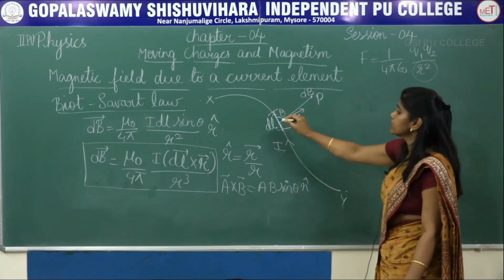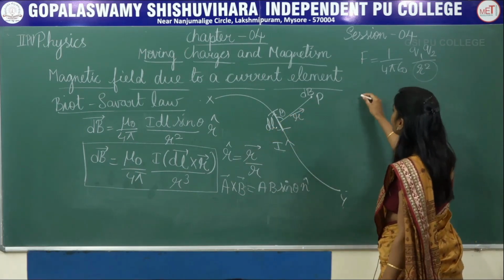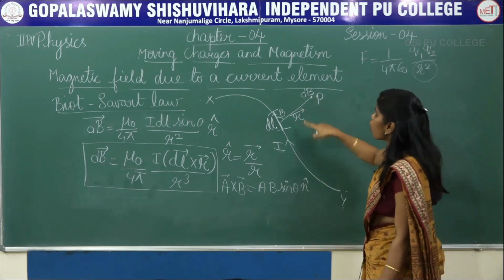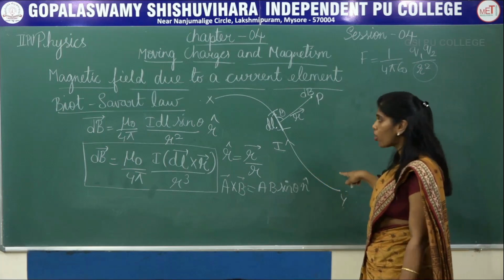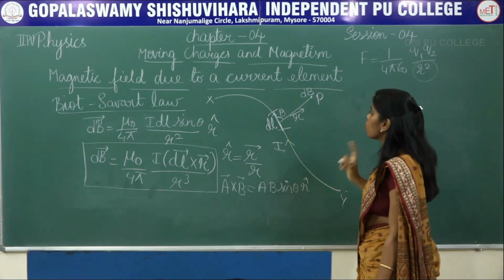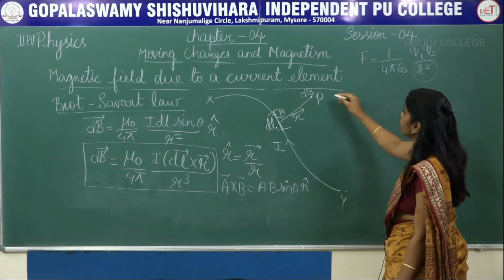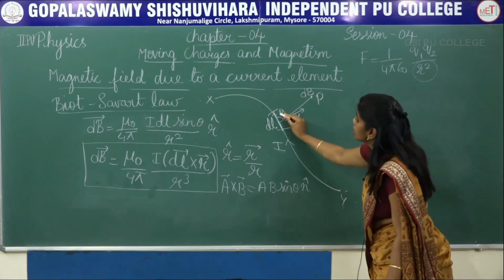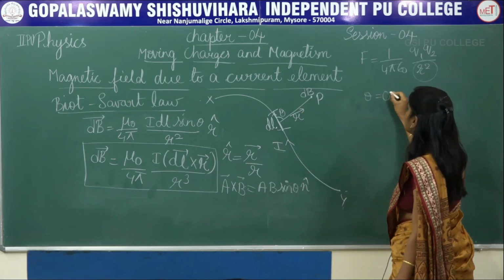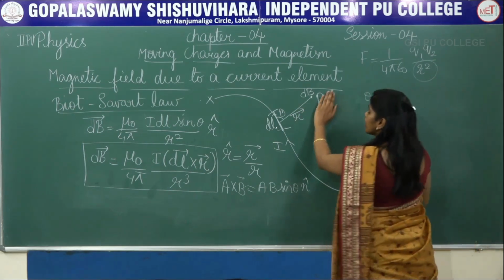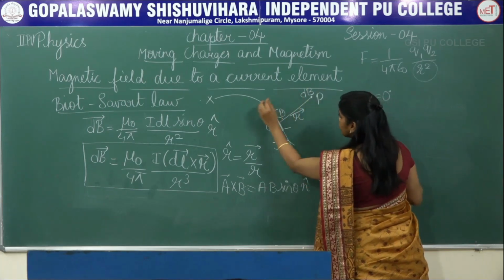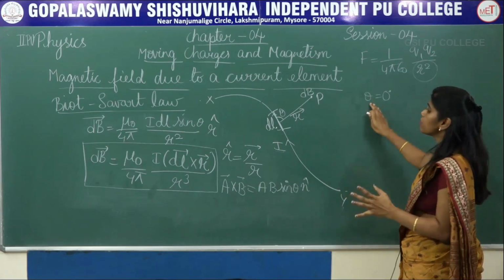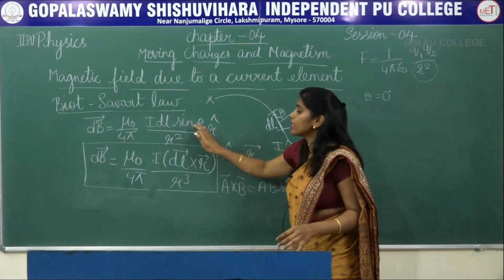And next, in this formula, if the point, which I am going to mark P, is on this current element or on the current carrying conductor, then what happens? If the point P is marked on this current carrying element, then this theta becomes equal to 0 degree. What is sine 0?